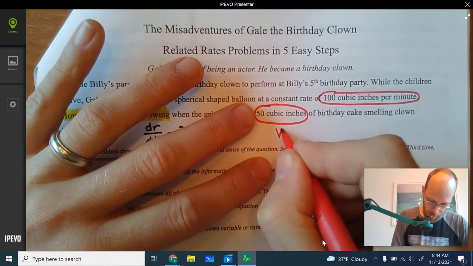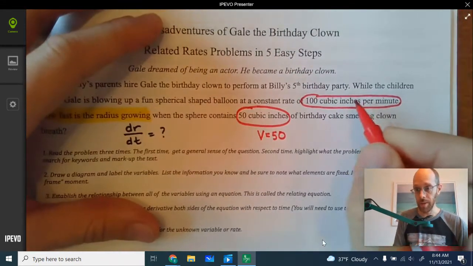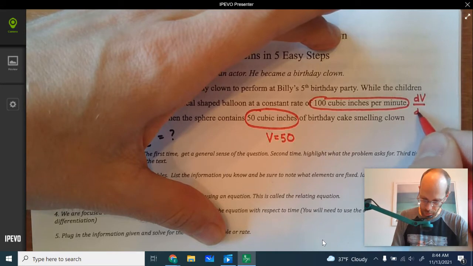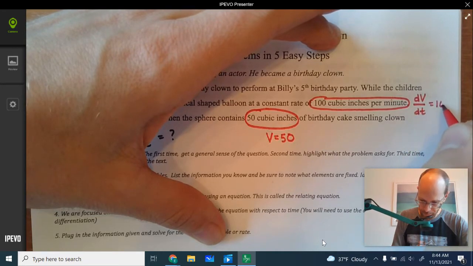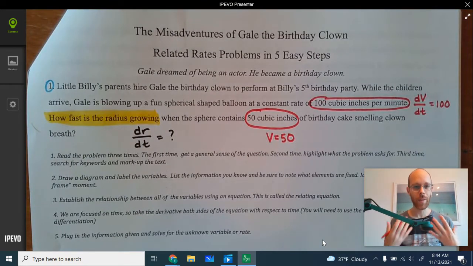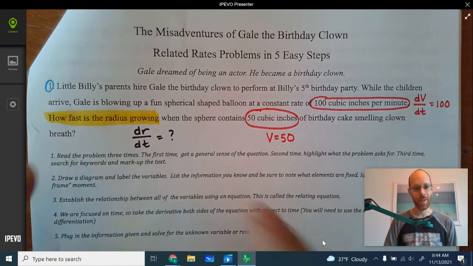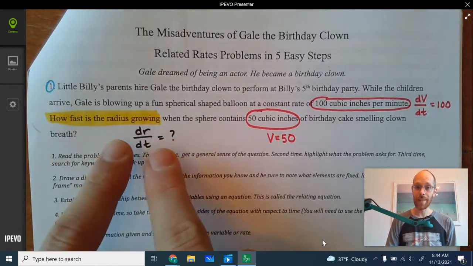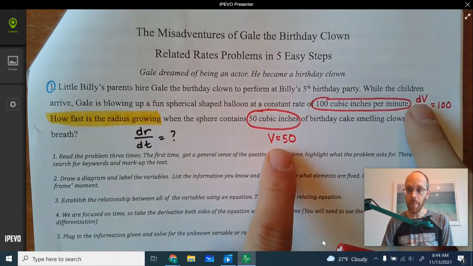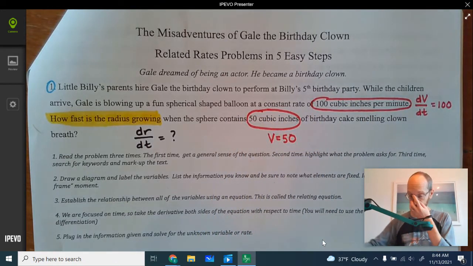So this would be the volume. And this, notice that it's a rate, would be the rate of change of the volume. In general, when you're tackling one of these more complicated related rates problems, this is a really, really intelligent way to start. To highlight the question, identify symbolically what it's looking for, and then label all the other numbers in the problem to see what they are.